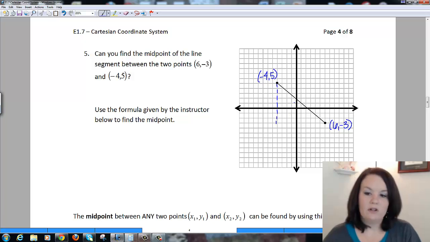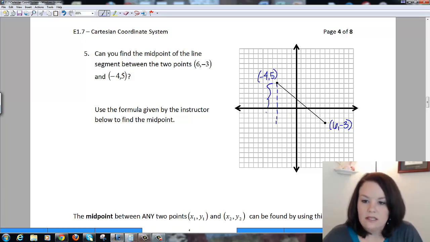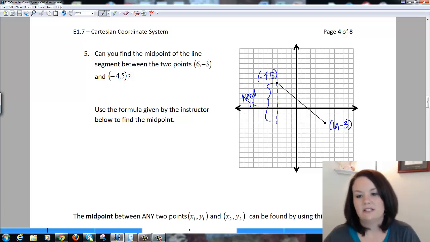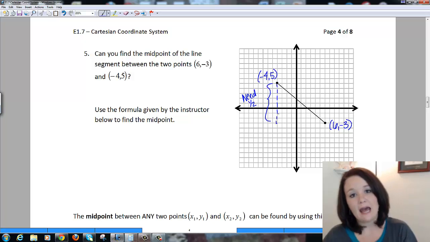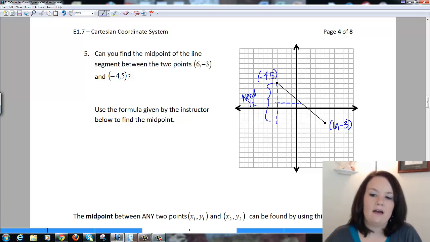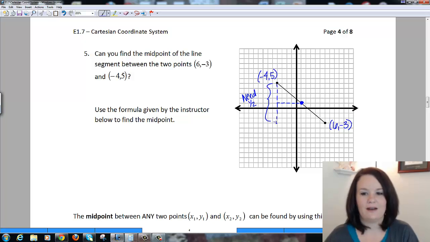So I'm going to look at this distance, and I need half. I'm going to count this up. I get 1, 2, 3, 4, 5, 6, 7, 8. So that's a distance of 8, which means that halfway would be 4 units. So if I come down 4 units from my top point, 1, 2, 3, 4, this would be my halfway y value. I'm going to go ahead and put a point here. Notice that looks pretty halfway.